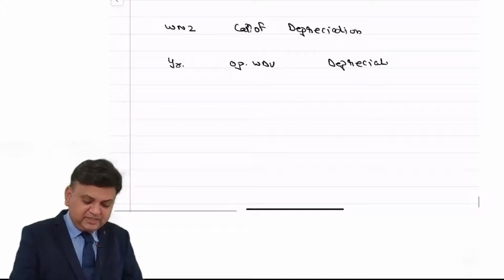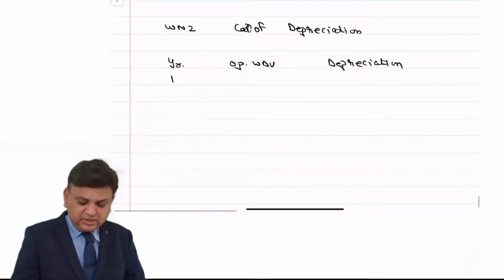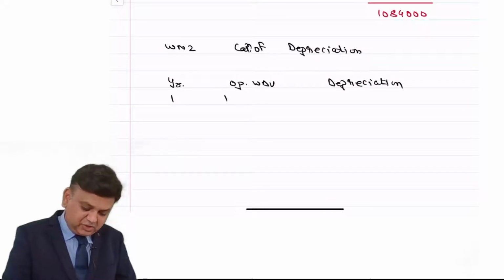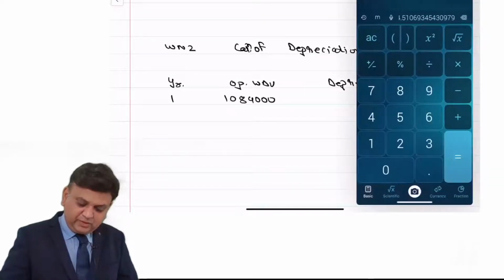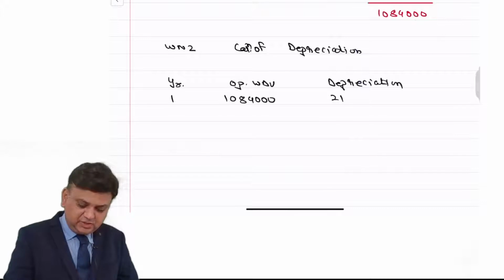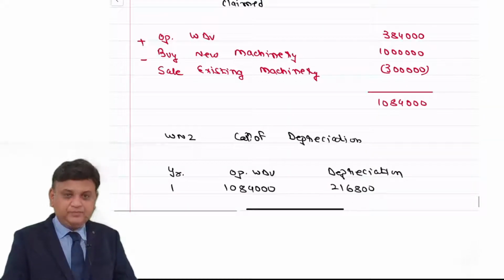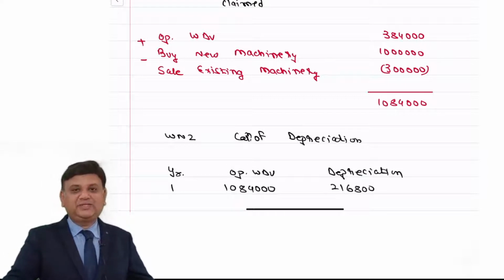If we replace existing machinery, in the first year you can claim depreciation on 10 lakh 84,000 into 20 percent. That comes to 2 lakh 16,800. This is the depreciation of the first year. I request you to take down the answer.